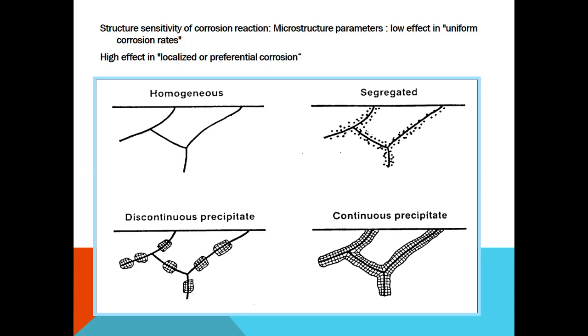Homogeneous structure leads to high corrosion resistance. Segregated grain structure leads to low corrosion resistance. This figure explains the background information about microstructure-dependent reactivity in the corrosion process.